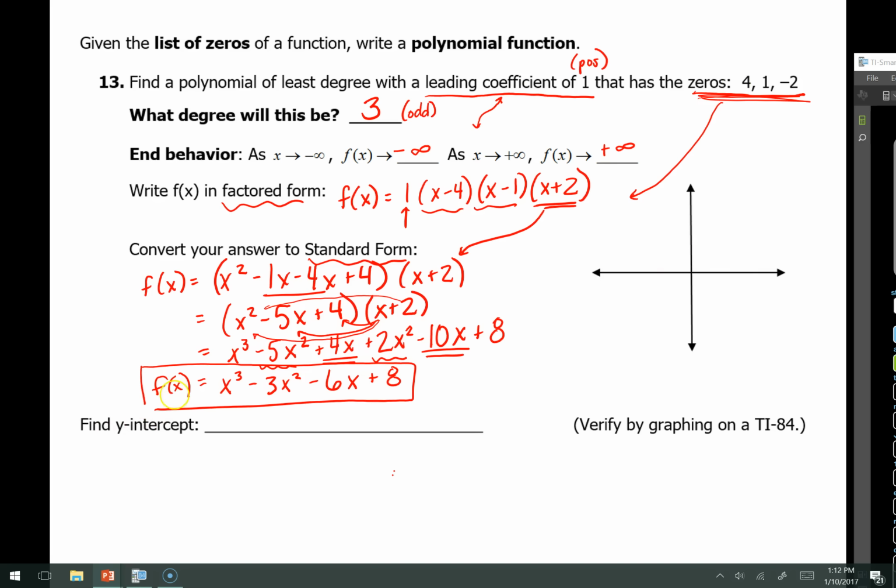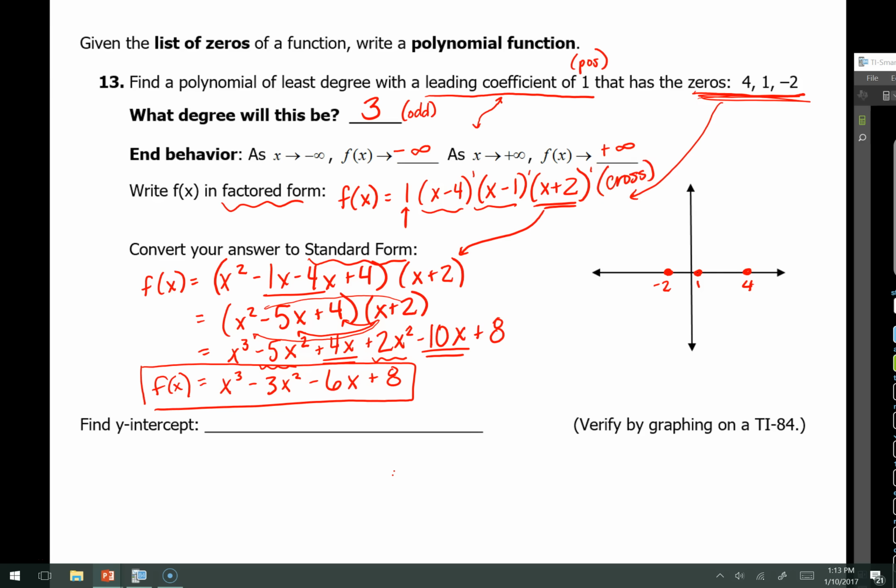We have the zeros. Those are x-intercepts. So we can graph negative 2, positive 1, and positive 4. And then we can use our end behavior, negative infinity up to positive infinity, and our multiplicity to get this shape. All of these factors are to the first power, which means they're all going to cross, right?